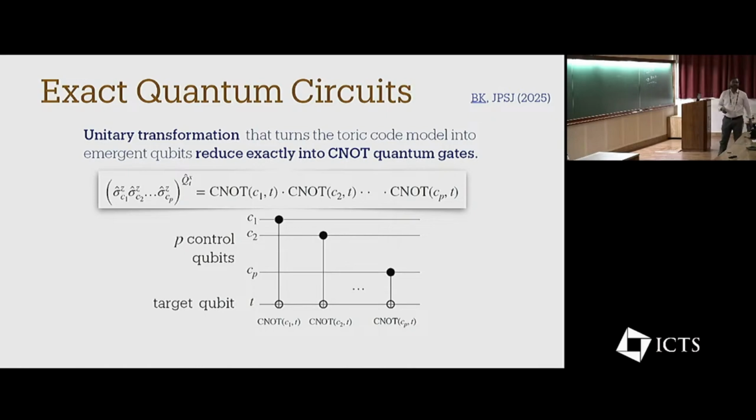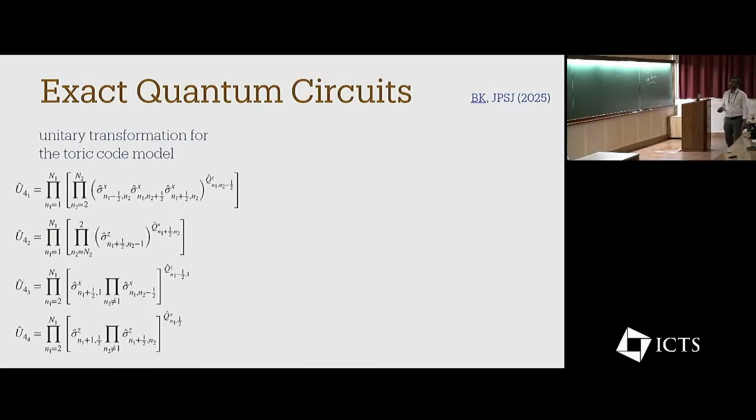And then the third important part is exact quantum circuits. This is an important realization: the transformation which I construct can be exactly reduced into CNOT quantum gates. This is the mathematical term that appears in my transformations, but it basically means a sequence of CNOT quantum gates.